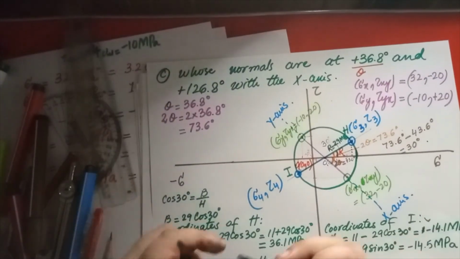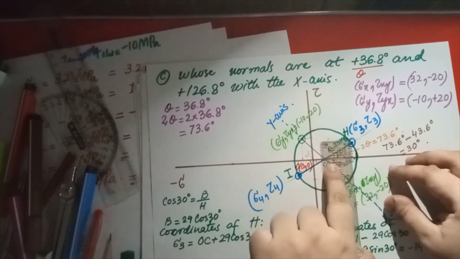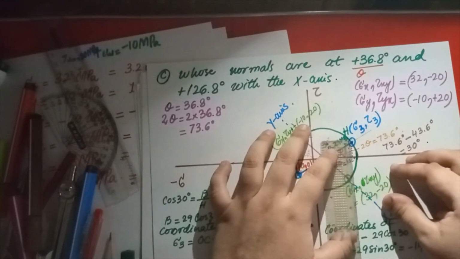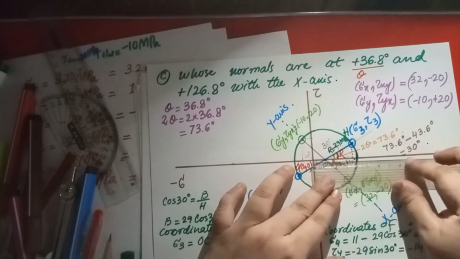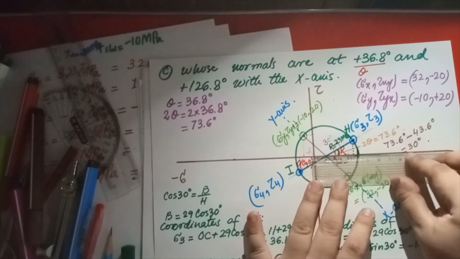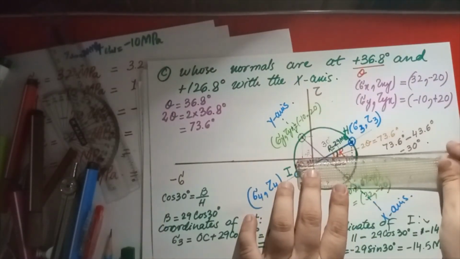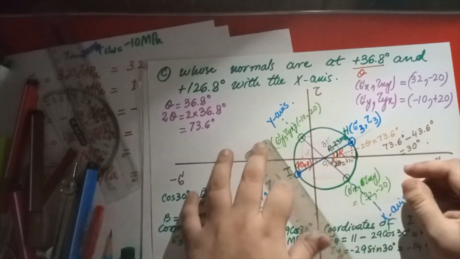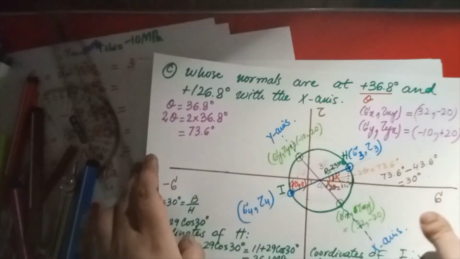If I tell you to measure it with the scale, for example, tau 3 is coming out to be 14.5, so it must be 1.45, yes, exactly. And you can measure this length, which should be coming out to be 3.61, yes, it is coming out. And then you can also cross check its measurement. Yes, it is coming out 1.41, and you can measure this one with the scale, and you will verify whether your answer is correct or wrong.